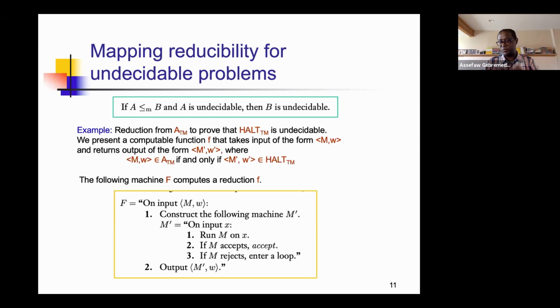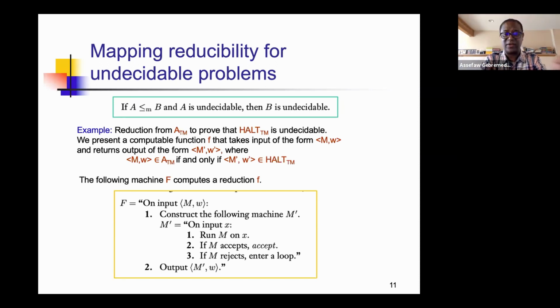It takes on input M, w. It will construct a new machine, and you may remember how this idea about halting was done. The new machine will, on any input x, run M on x. If it accepts, accept. If it rejects, it will enter a loop. That was how the fact that we are not able to know whether the machine is going to halt was determined.